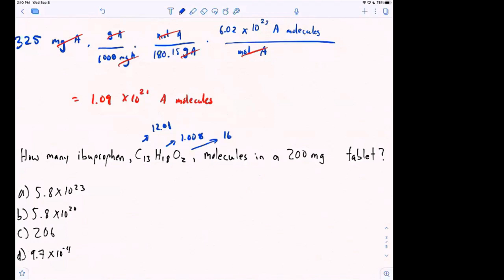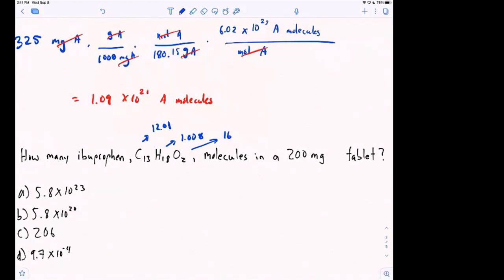See the top there with the aspirin, you have the 325 milligrams of aspirin. It's going to be the same setup, but instead of 325 it's 200, and instead of 180.15 you need to calculate the molecular weight. There are 13 carbons, 18 hydrogens, and 2 oxygens.